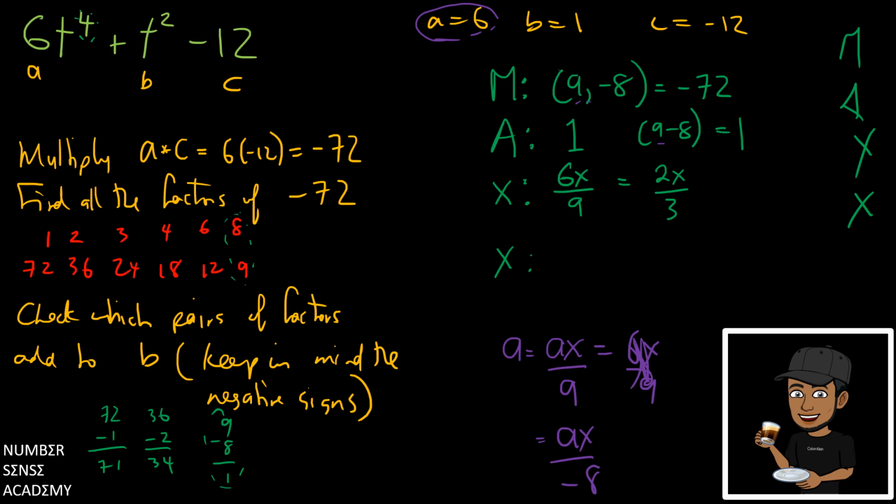And for the second one, I have 6x over negative 8. And if I divide by 2, I have 3x over negative 4. The beautiful part about this is that now I have exactly the numbers I need for my factors. This is going to be my first factor. This will be my second factor.